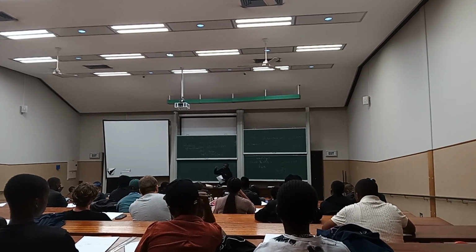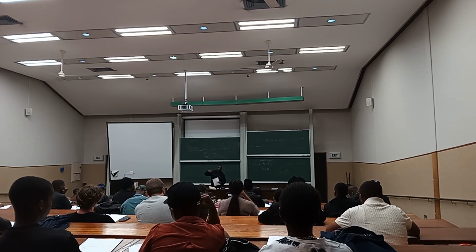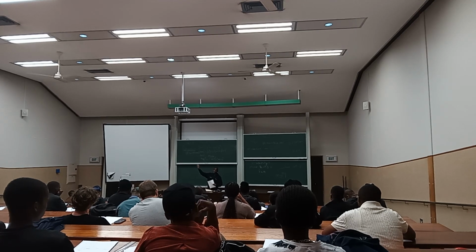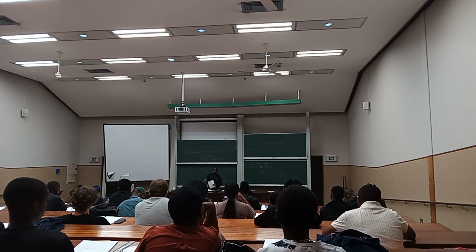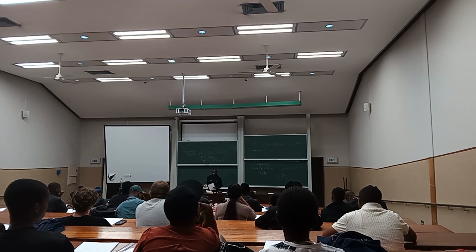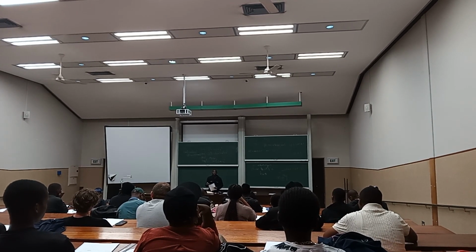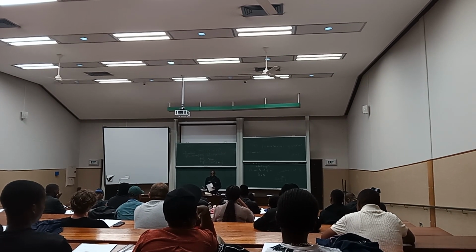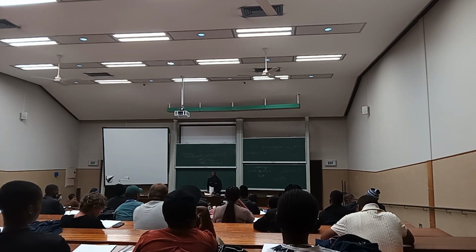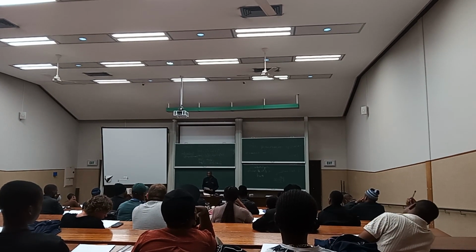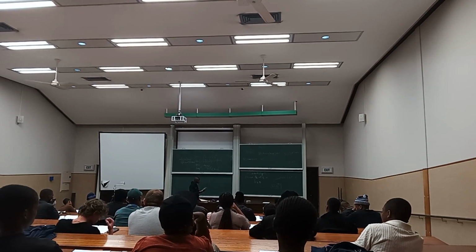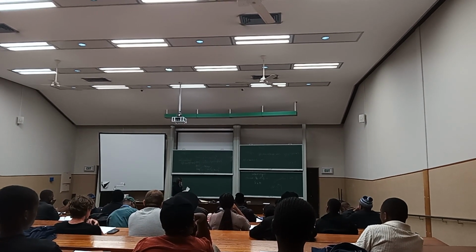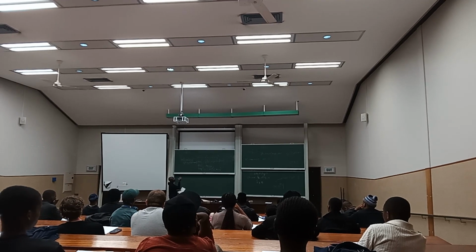Because if you have n objects, you cannot choose more than n. If you have 5 objects, can you choose 7 out of 5? Is it possible? That is the binomial coefficient.